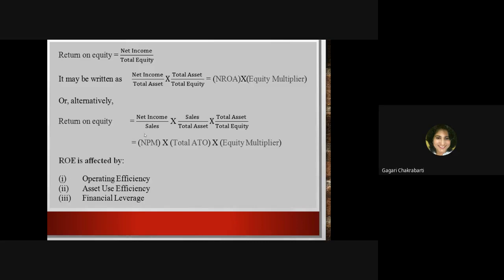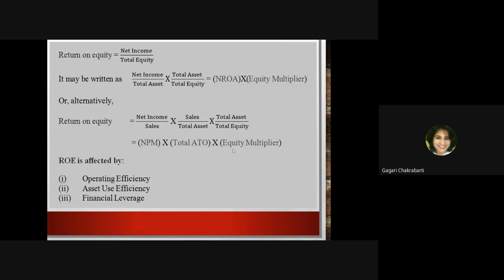So if you simplify, you will find it as net income by total equity. So net income by sales, this is nothing but our net profit margin. Sales by total asset, our total asset turnover ratio. Total asset by total equity is our equity multiplier.